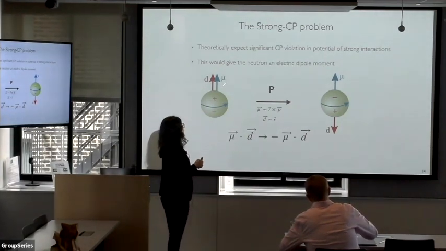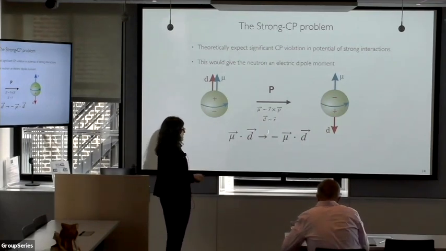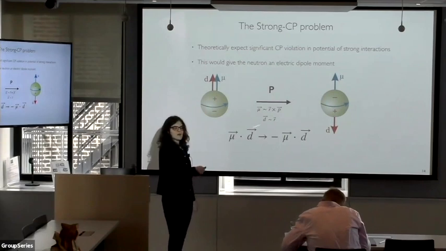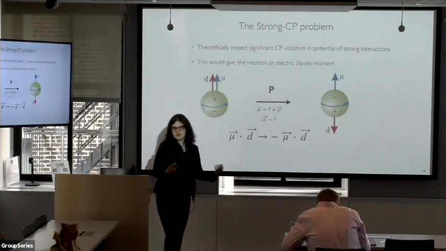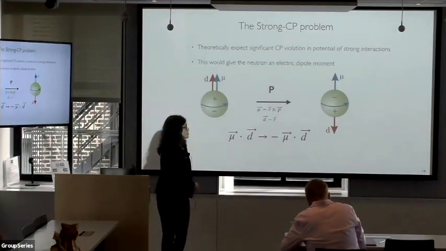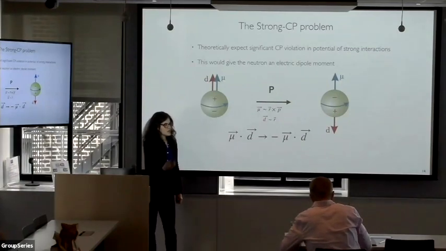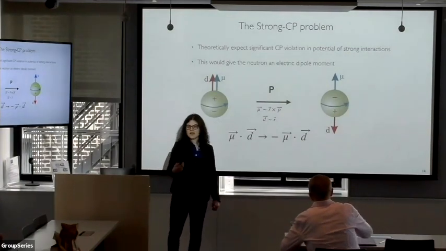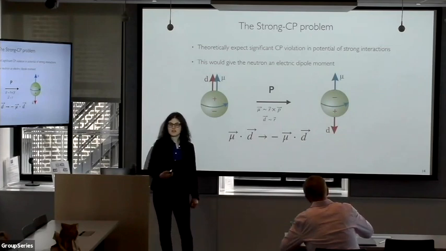So that means that if parity were a good symmetry, then the dipole moment would both be parallel and anti-parallel to the spin, so that means it has to be 0. So if you measure a dipole moment of the neutron, that implies that parity or CP is not a good symmetry of the model.